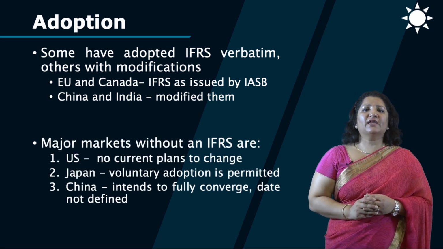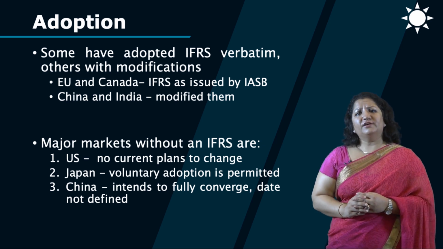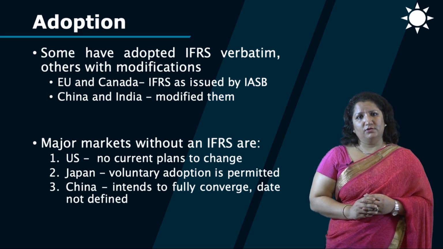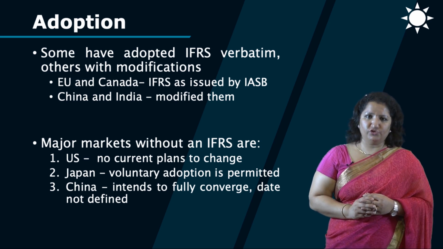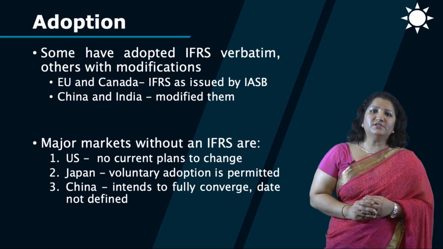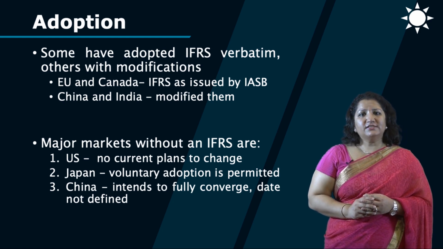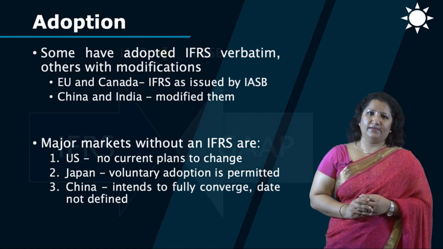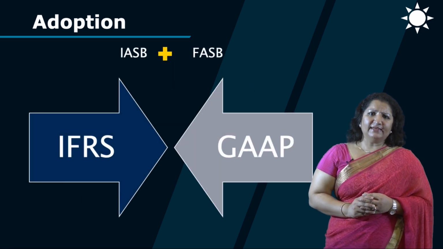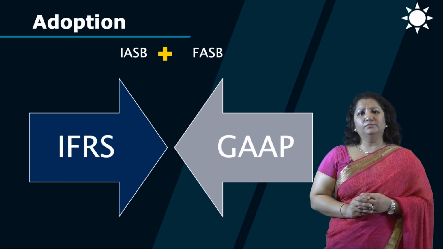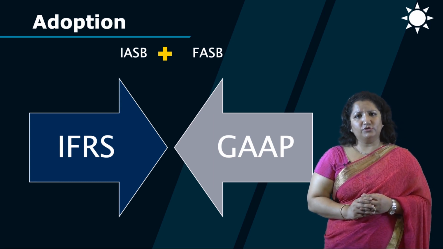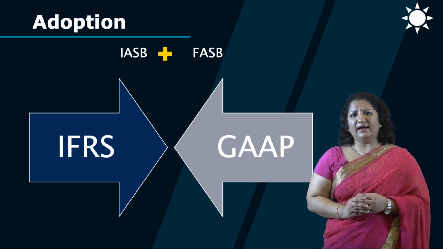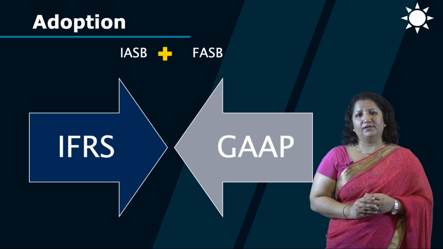The remaining major capital markets without an IFRS mandate are the US, with no current plans to change; Japan, where voluntary adoption is permitted but not required; and China, which intends to fully converge but at some undefined future date. In 2002, IASB and Financial Accounting Standard Board FASB, the body supporting US GAAP, announced a program to eliminate differences between IFRS and US GAAP.